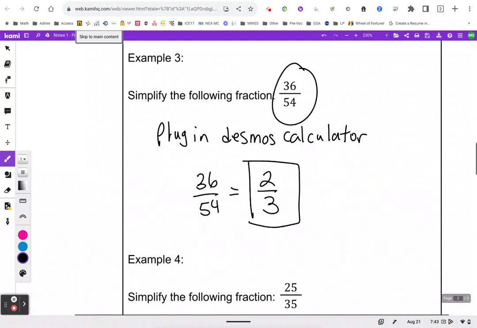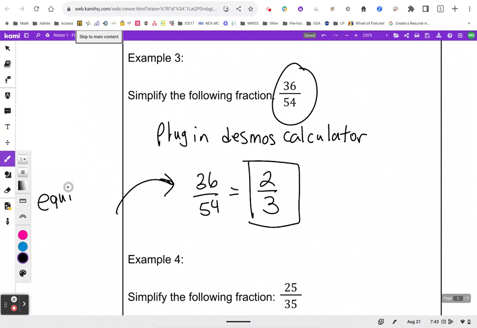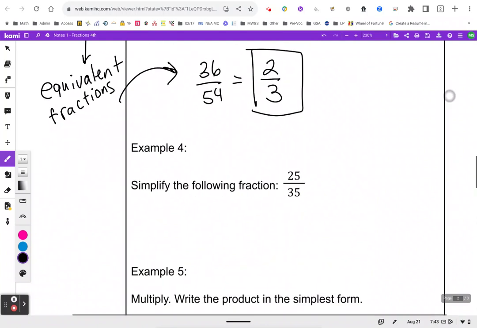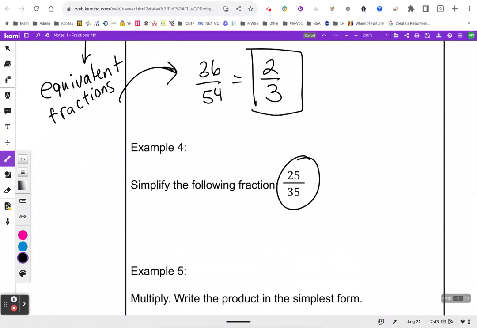I'm going to put an arrow and write that these are equivalent fractions. And I'm not sure I spelled equivalent right. Equivalent means same. All right, I'm going to simplify this fraction again, the same thing.